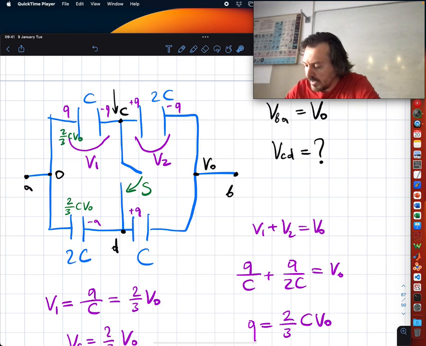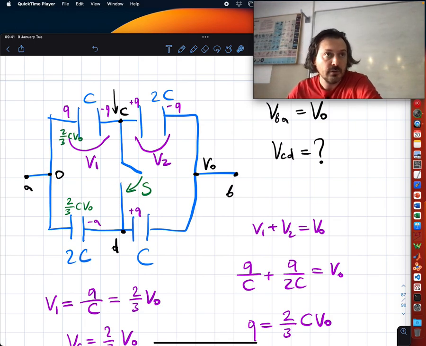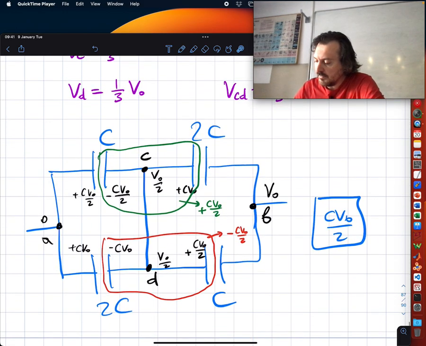So this is minus Q, plus Q. The total charge over here is 0. But once they are connected, then in this area the total charge is no longer 0. It's negative, which means that some of the electrons have been transferred from the top side to the bottom side. All right?